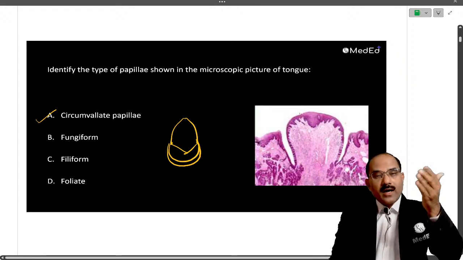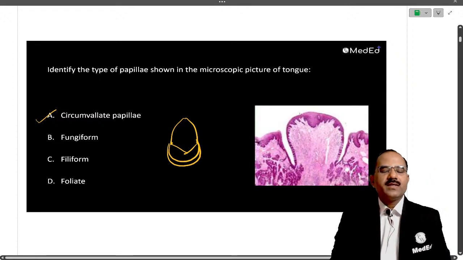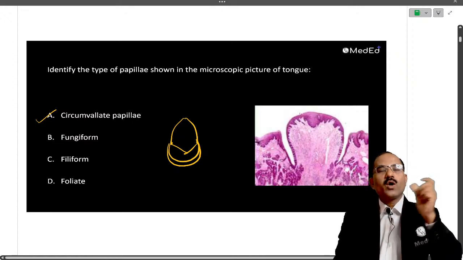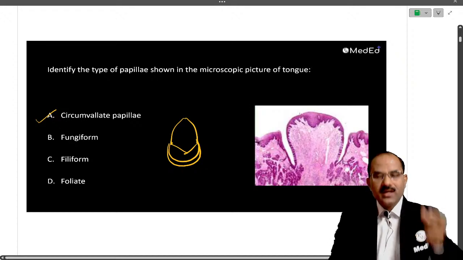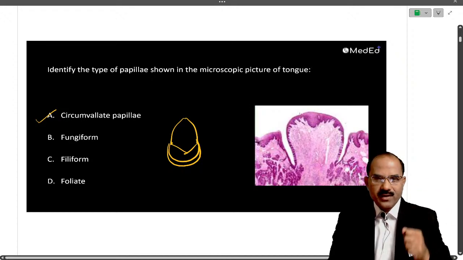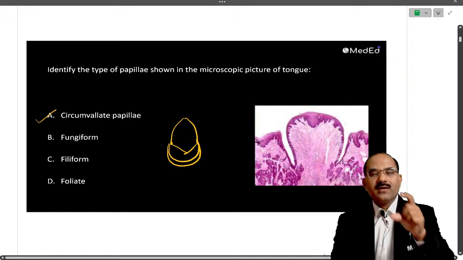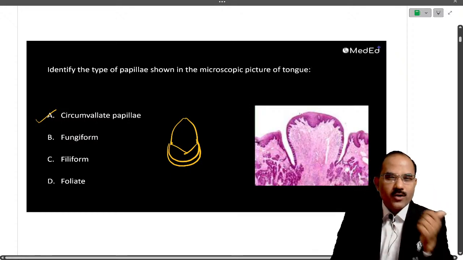Yes. And special sensation is, yes, come on. Special sensation in the anterior 2/3 is the chorda tympani, which is a branch of facial given in the middle ear. Correct? Posterior 1/3, both general and special sensations are supplied by the glossopharyngeal nerve.